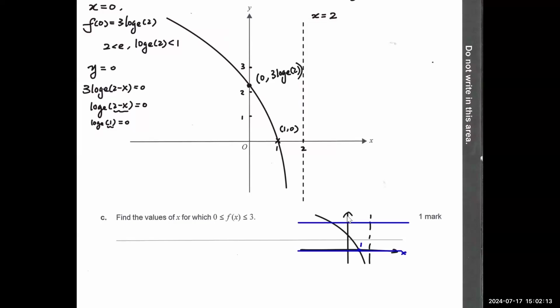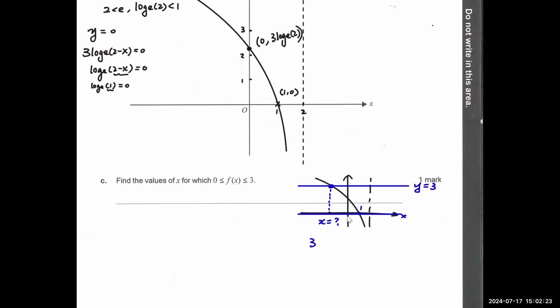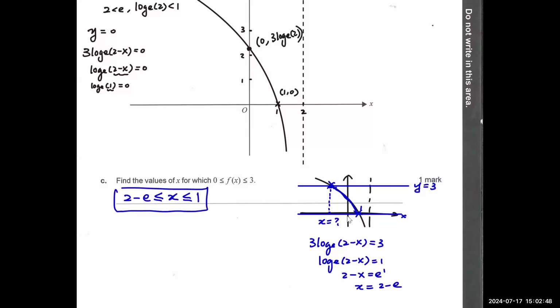Also, if you plot a horizontal line y equals 3, there is another intersection here, giving you a negative x value. So you could say 3 log e of 2 minus x equals 3, and log e of 2 minus x equals 1. Therefore, 2 minus x is e to the power 1, and x is 2 minus e, okay? So it's between here and here, this section. That should be the answer.